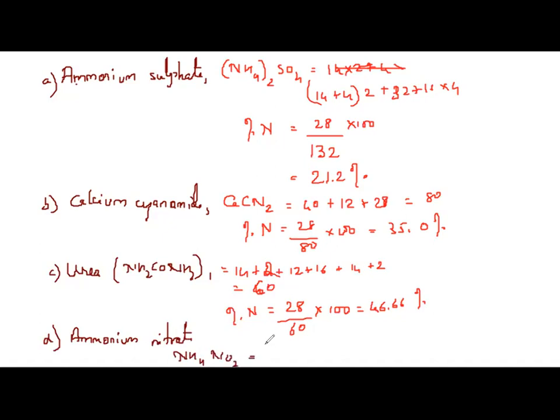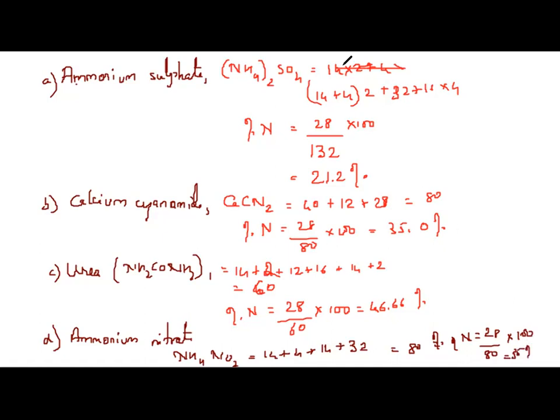Nitrogen 14, plus 4 plus 14 plus 48 comes out to 80. So percentage of nitrogen is equal to 28 by 80 into 100. This comes out to 35 again.